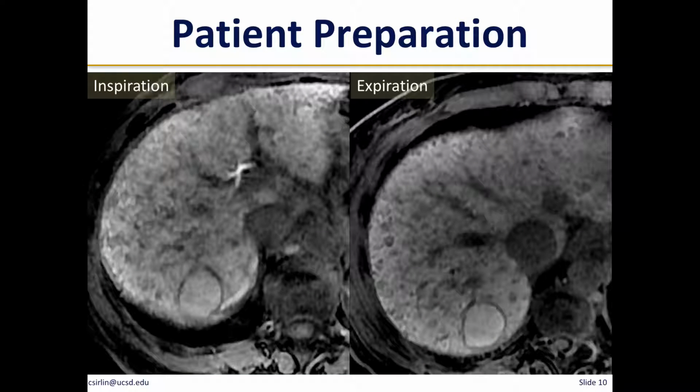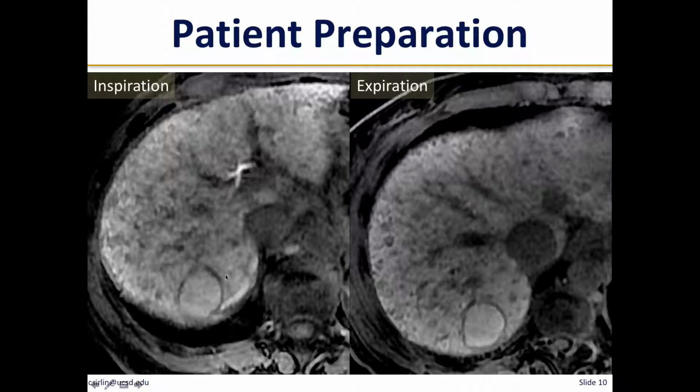Here's another thing. If the patient can hold their breath in expiration, images are of higher quality than if they can only hold their breath in inspiration. Here is a patient who can actually hold her breath for 30 seconds very comfortably.